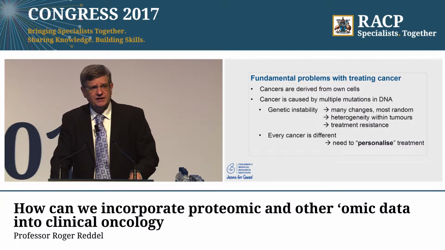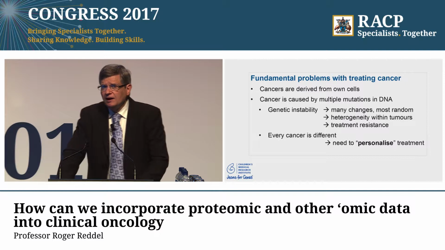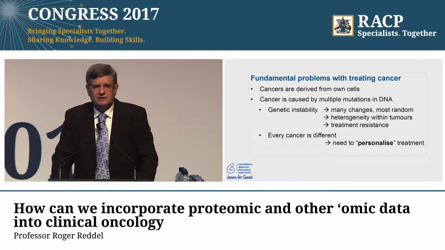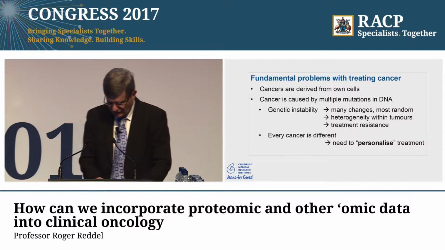That leads to heterogeneity within the cells within individual tumours, and it's a major source of treatment resistance. But a key outcome of this is every cancer is different from every other cancer, sometimes in subtle and sometimes in more major ways, which leads to the need to individualise or personalise treatment of cancer.